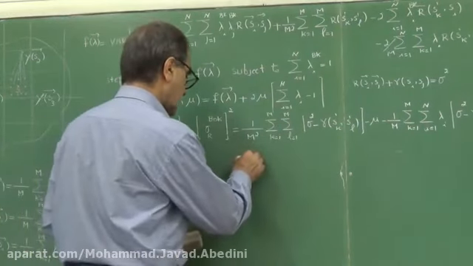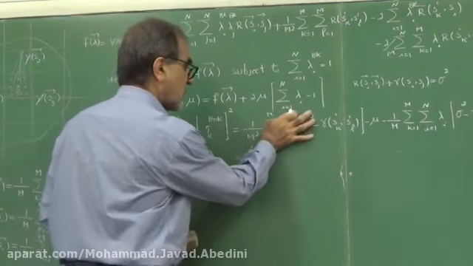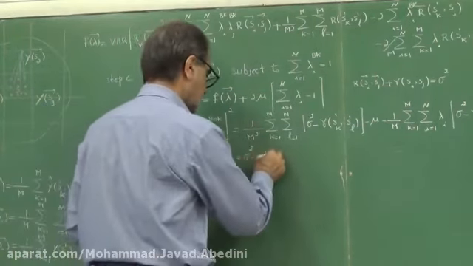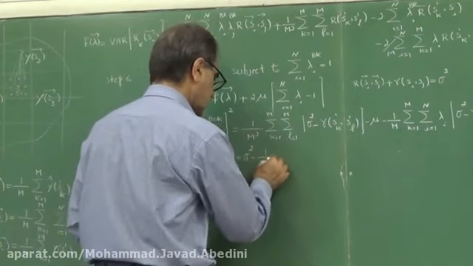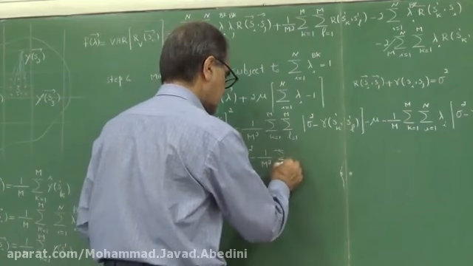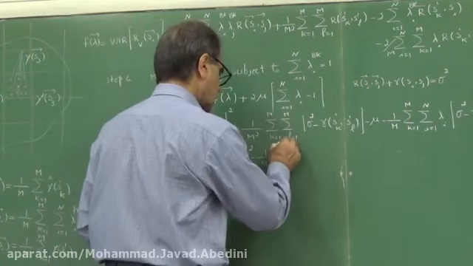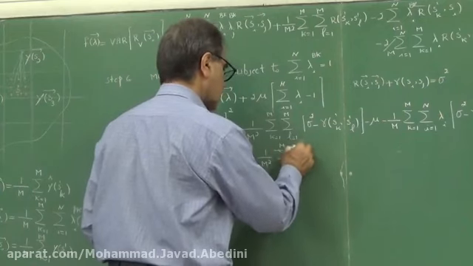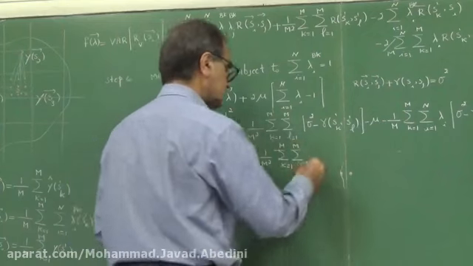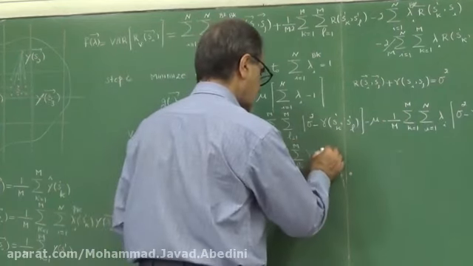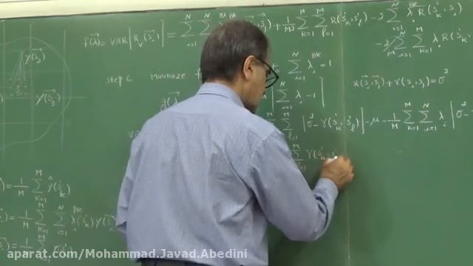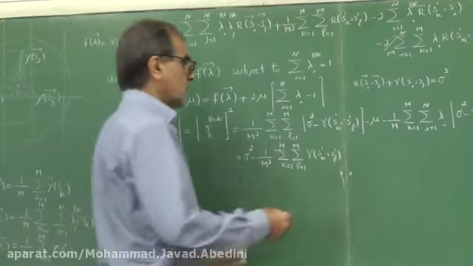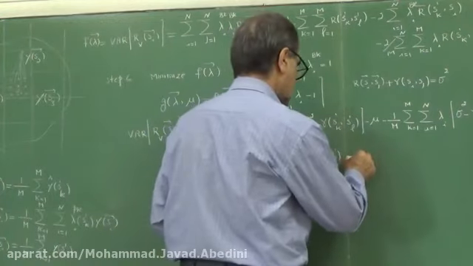Therefore, this part is sigma 2 minus 1 over m square, summation from 1 to m, summation L from 1 to m, gamma S prime K S prime L. Minus mu.